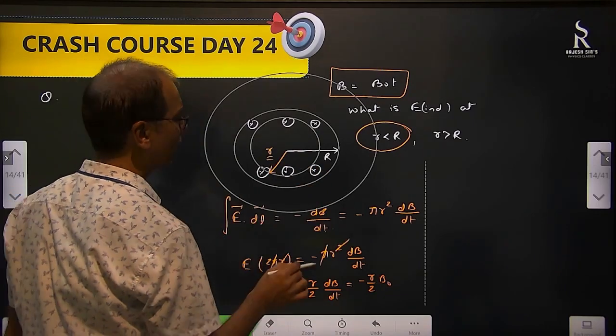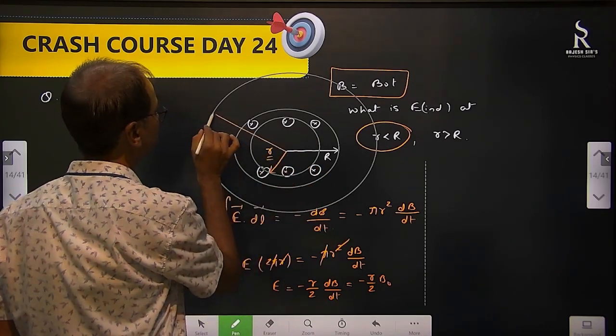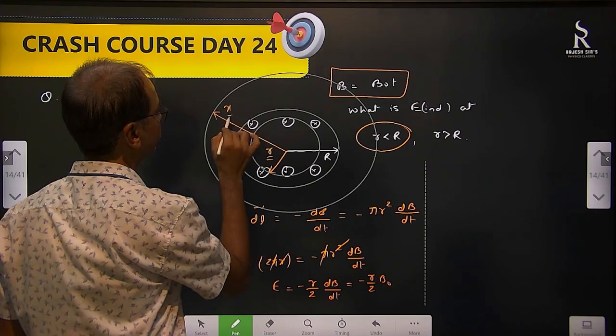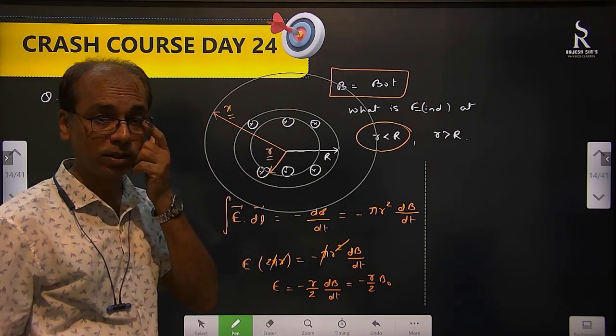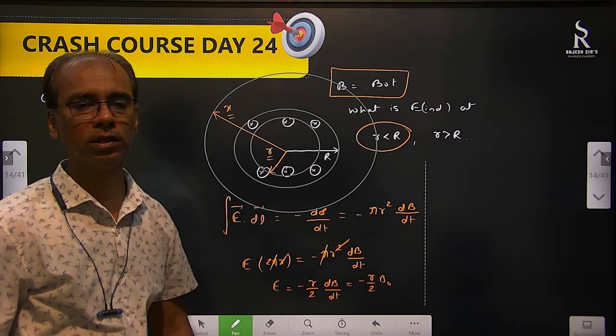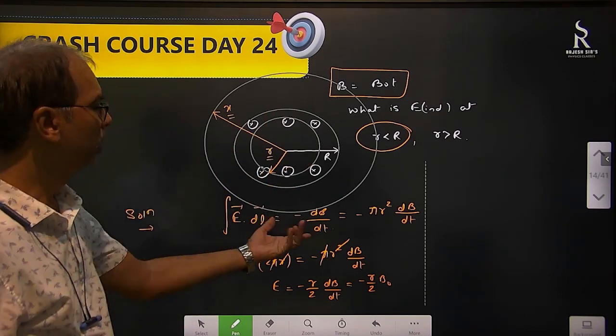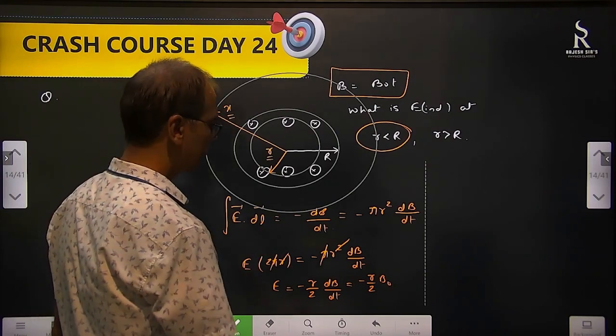Its radius I am going to consider as x. So does this area belong to the field region also? We know that yes, magnetic flux is changing through this also, and the formula is this. Let's use it.